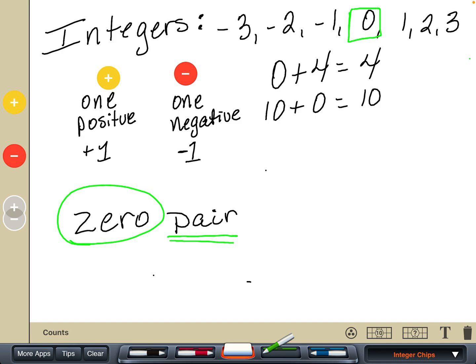Or if your teacher says, okay, we're going to break up in pairs today, it means that you're going to get in groups of 2. So a pair means 2, right? So 2 things that equal 0. 2 things that equal 0. Okay?